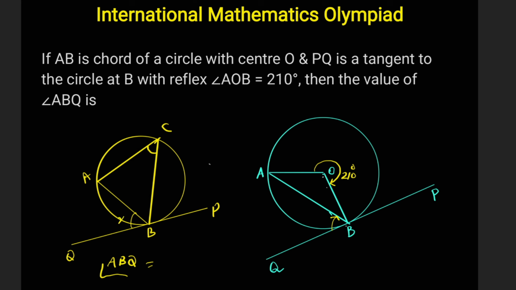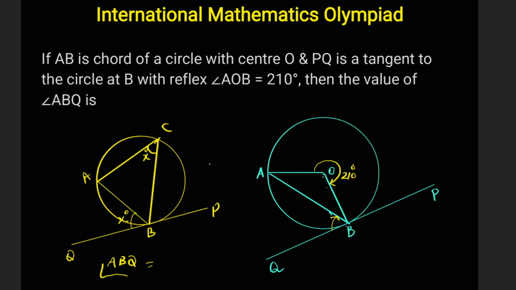Suppose this is x degrees, this will also be x degrees. This chord AB makes an angle x with the tangent. Then the angle made by AB in the remaining part of the circle, at any point C you take, joined to A and B, will be equal to this angle x.